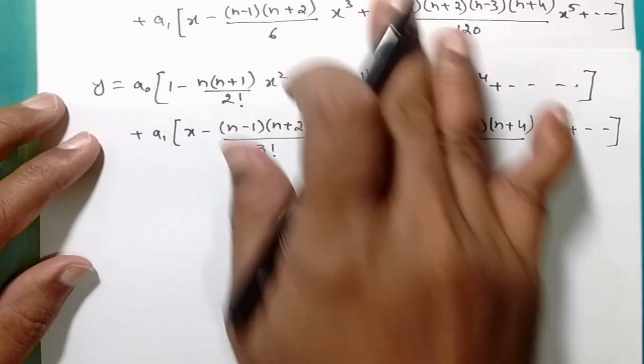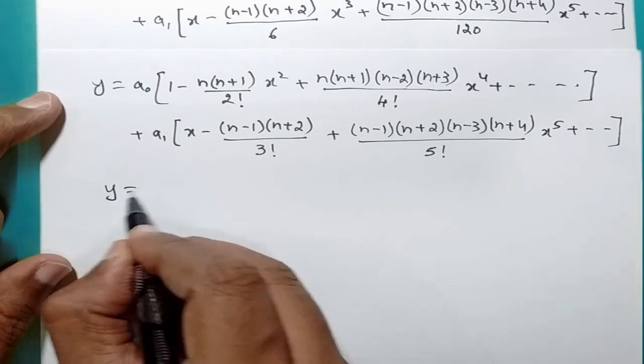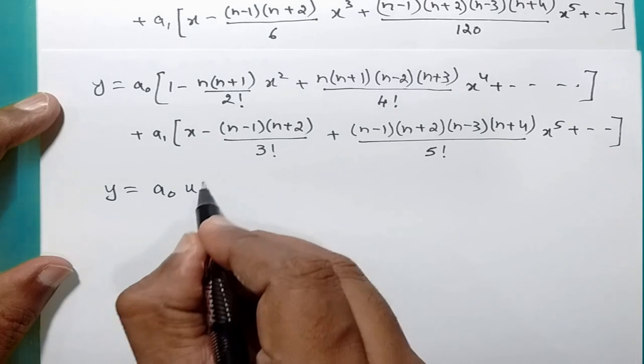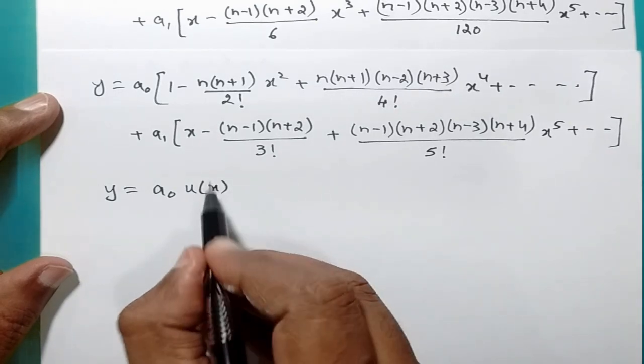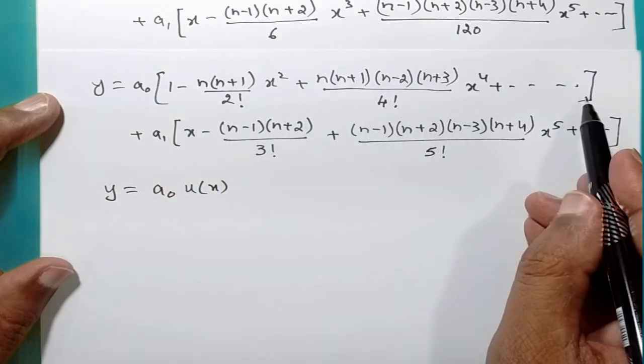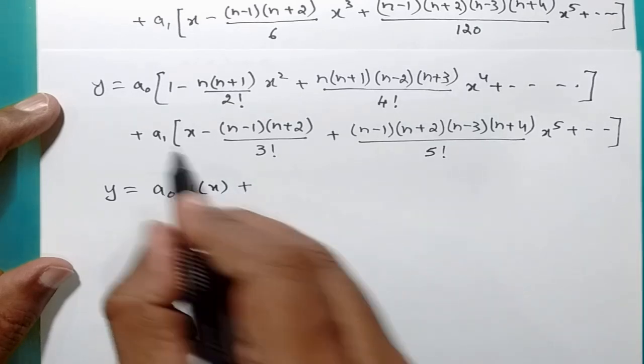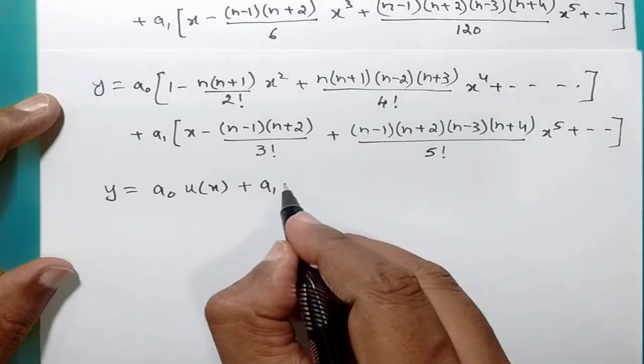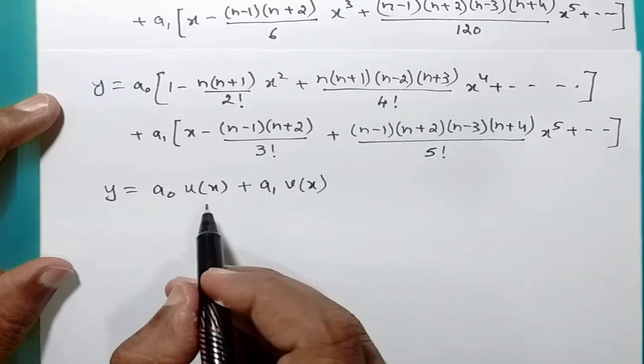Further, you can write y is equal to a0 times this entire series, which I can write in the form of u of x. So what is u of x? u of x is the complete series, this first expression, plus again a1 times this expression completely, which can be written as v of x.